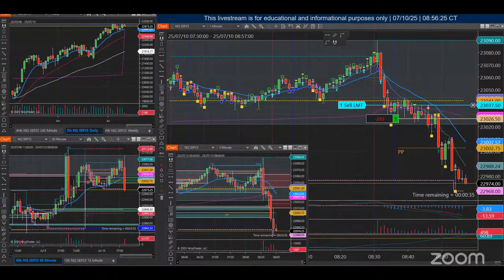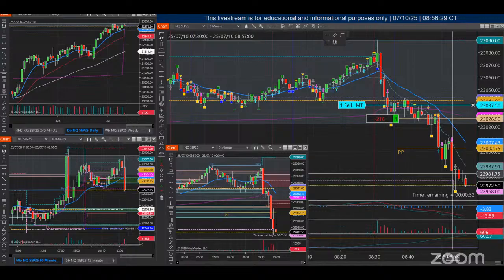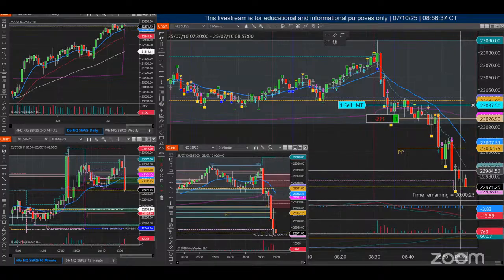So buyers have stepped in, but I don't think they are winning at the moment, because if this is a reversal, the 5 minute is still holding, but there should be more follow through.